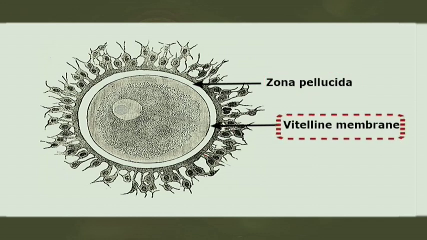As the oocyte develops further, the microvilli are withdrawn and the zona pellucida develops some fibers and is transformed into a membrane, the vitelline membrane or egg membrane.